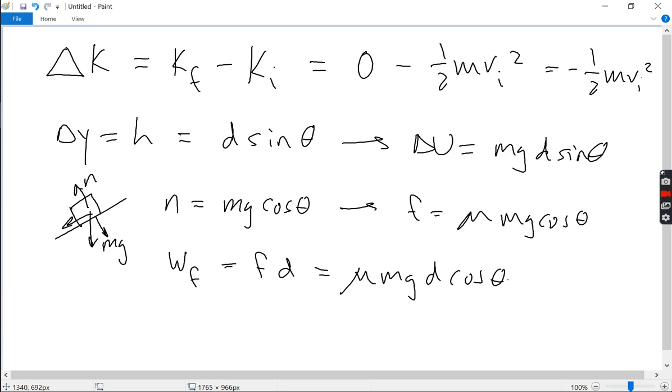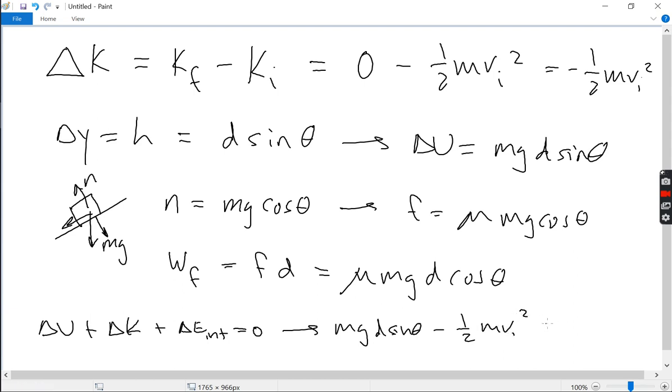Now, to put all of that together into our energy conservation equation, we have our gain in potential minus, or plus, our loss in kinetic, and our change in internal, and all of that equals 0.